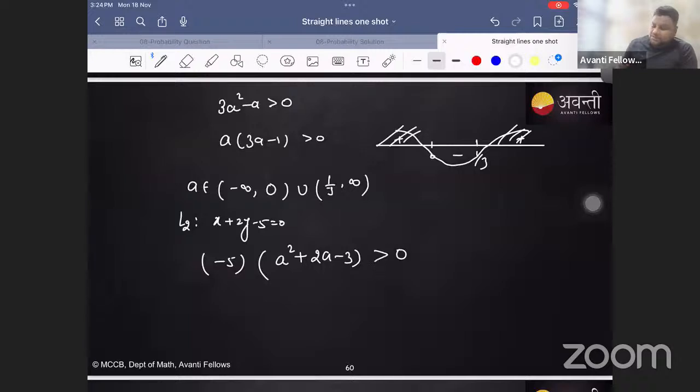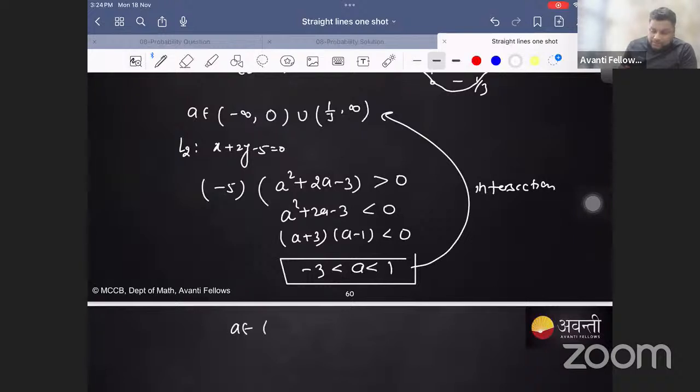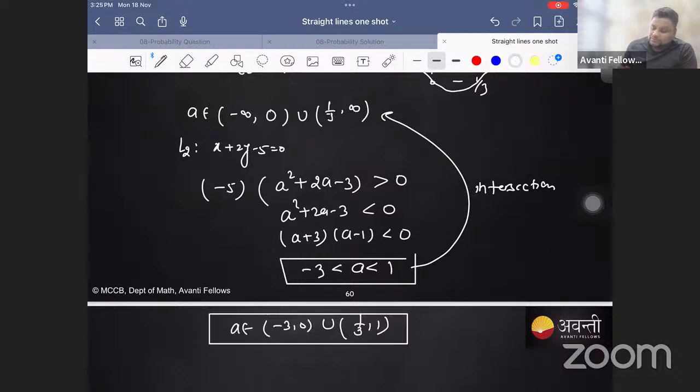It should be less than 0. So it would be (a plus 3) into (a minus 1) less than 0. So a lies between minus 3 to 1. Now what do you take? Intersection. So if I take the intersection, it comes out to be minus 3 to 0 union 1 by 3 to 1. Got it? Take a note.